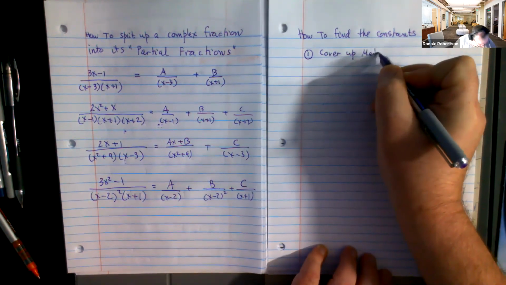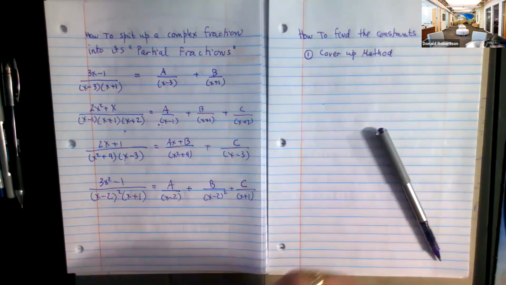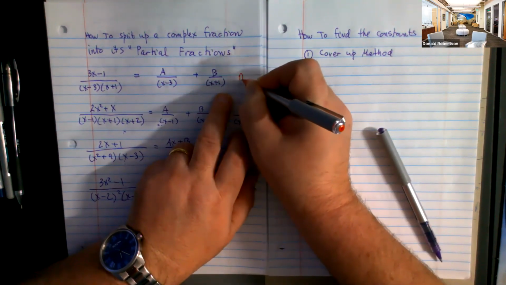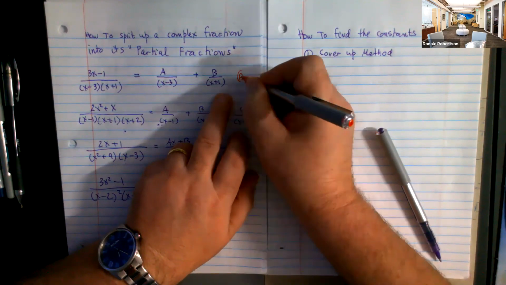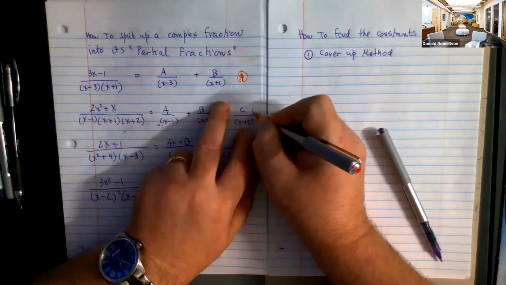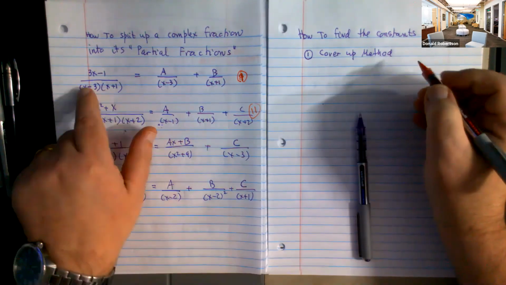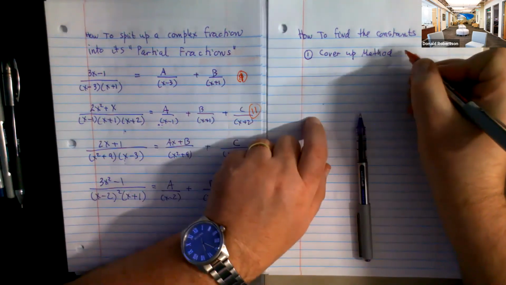And you can use the cover-up method when, I'll call this A, I'll call this 1, and I'll call this 2, when both terms are linear, or where all three terms are linear.